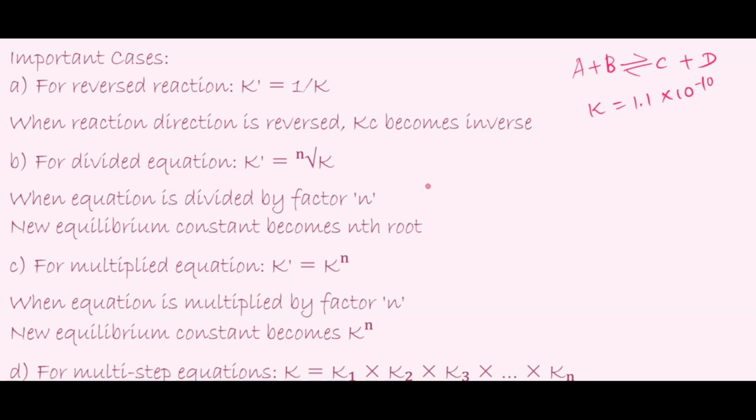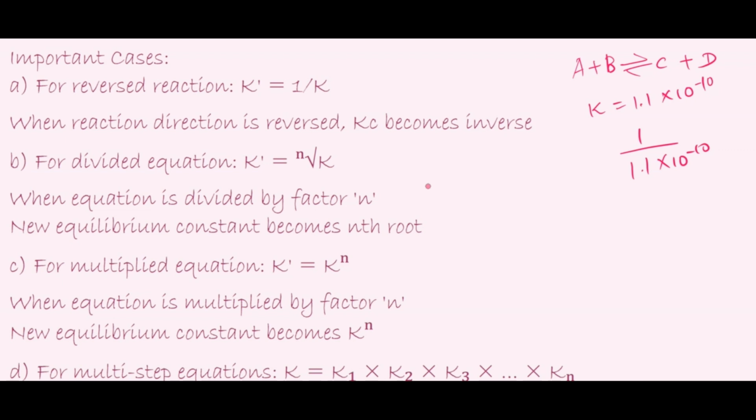Then you have to do one thing for the reversal: just take the inverse, 1 by 1.1 into 10 to the power 10. As simple as that. That is the first type of question.